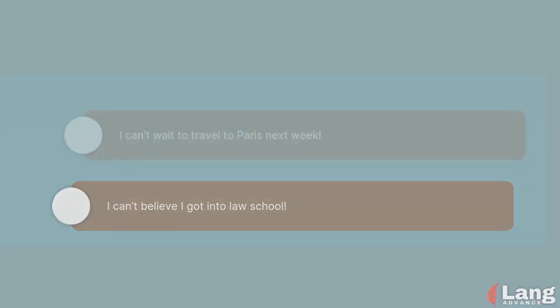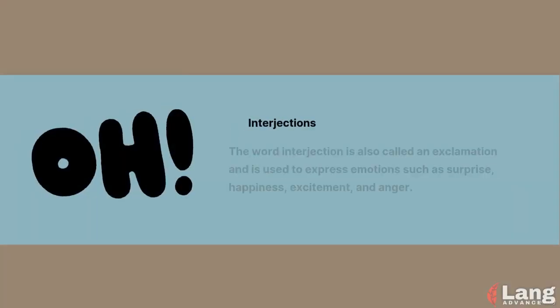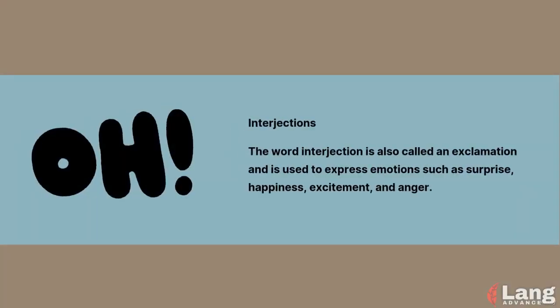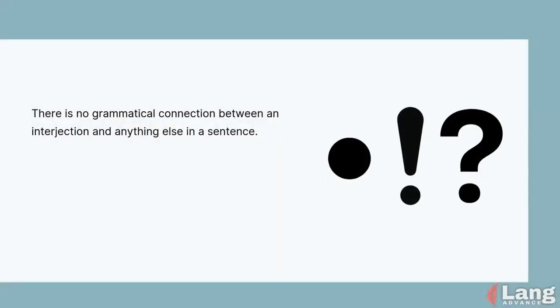Interjections. The word interjection is also called an exclamation and is used to express emotions such as surprise, happiness, excitement, and anger. There is no grammatical connection between an interjection and anything else in a sentence.